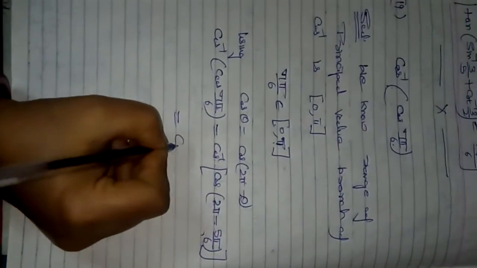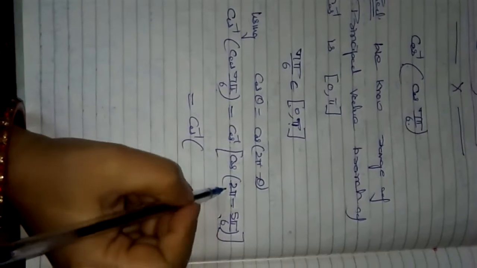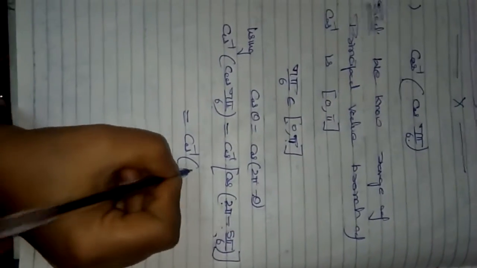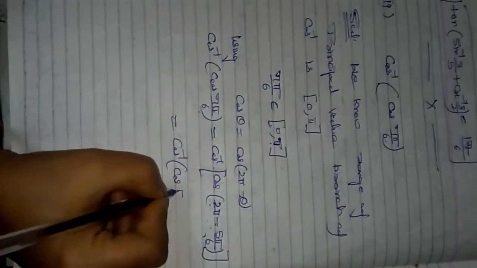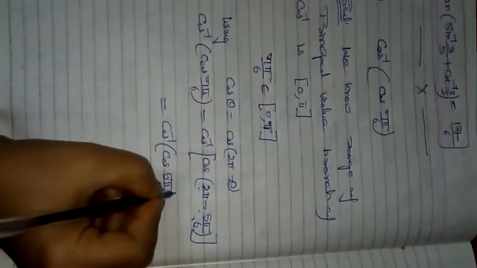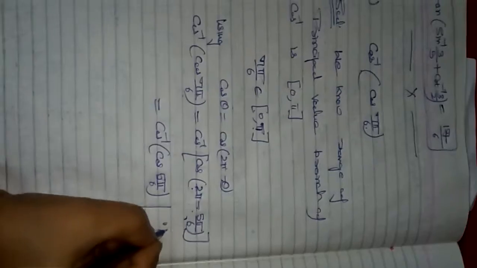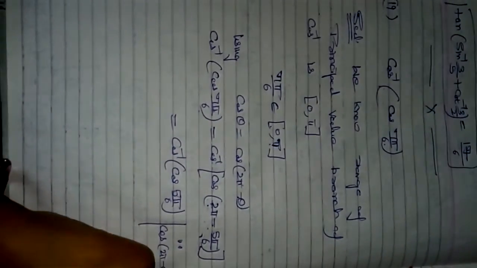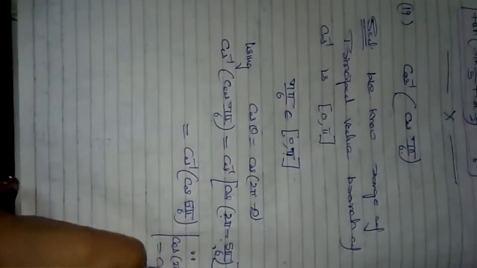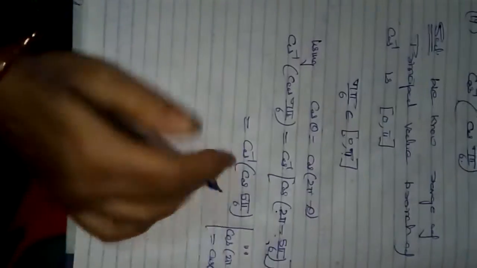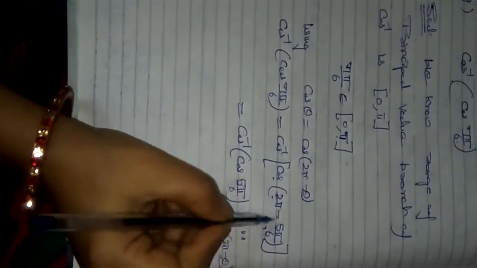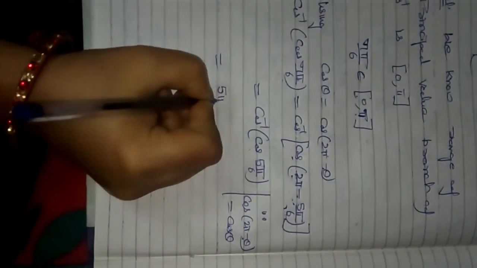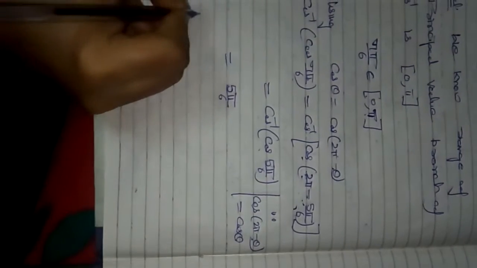So cos inverse cos 2 pi minus theta, cos 2 pi minus theta is cos theta, and theta here is 5/6. So this cancels. What is left here? 5/6.